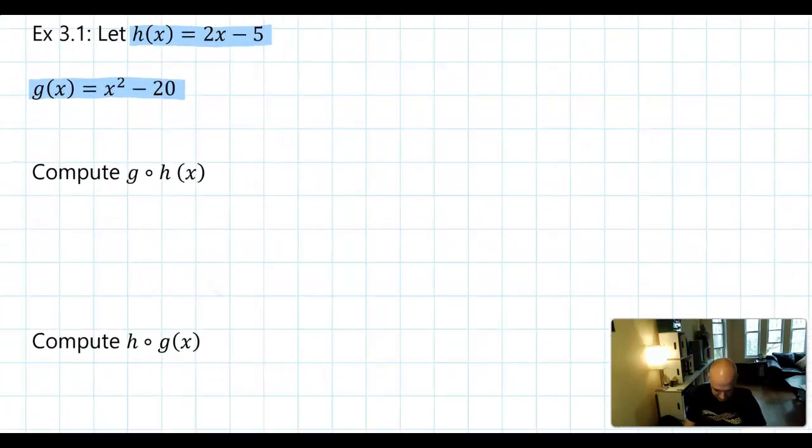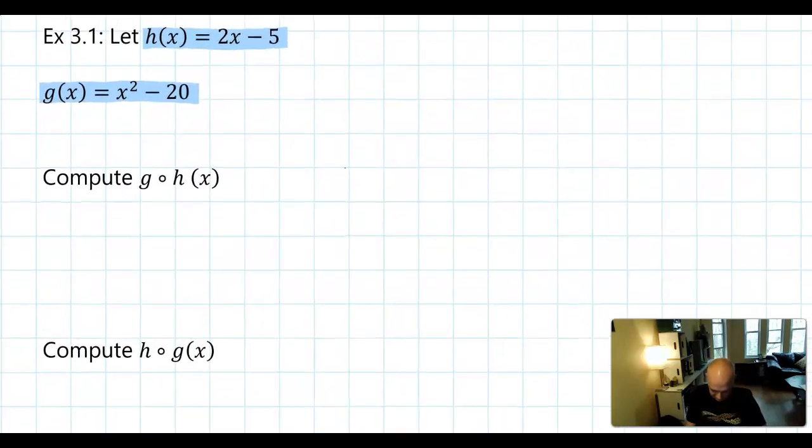So the command that you might be given is to compute g open circle h of x. That open circle is not multiplication. You should read that as saying composed with. So I'd say this is g composed with h of x. And again, it's not like multiplication.